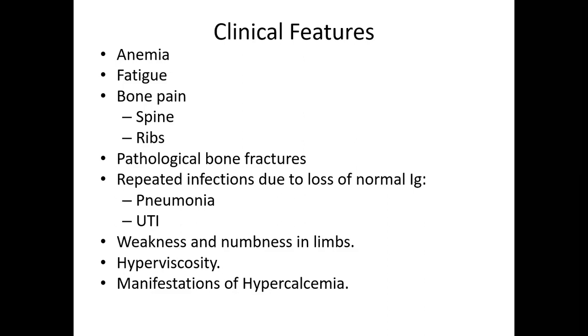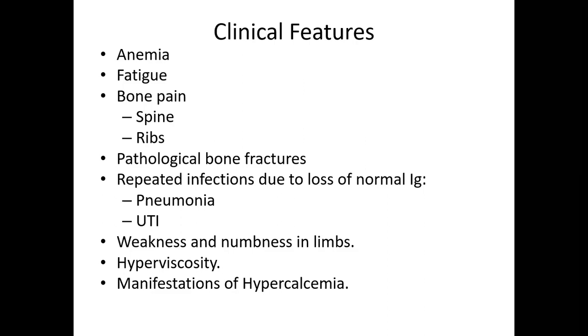The patient is having repeated infections due to loss of the normal immunoglobulins, and the most common infections are the pneumonias and urinary tract infection. There may be weakness and numbness in the limbs, hyperviscosity, and manifestations of hypercalcemia like polyuria, abdominal pain, and constipation and confusion.